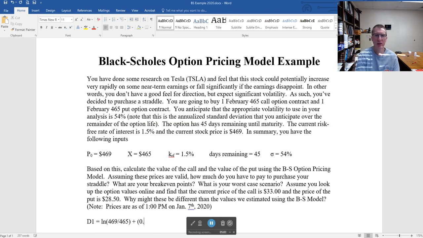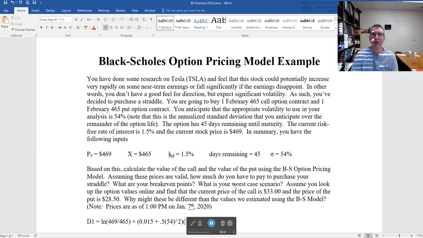The risk-free rate is 0.015. Express that in decimal. Don't put it in as 1.5, put it in as 0.015, plus 0.5 times standard deviation squared, or variance. So that's 0.54 raised to the second power. And all that is times time.